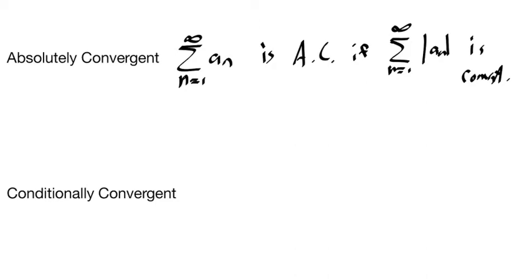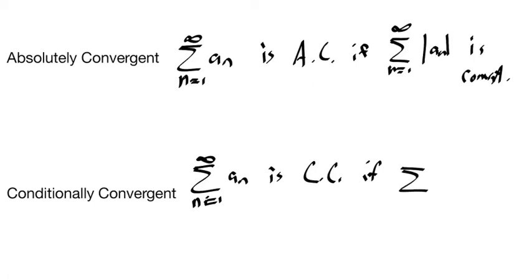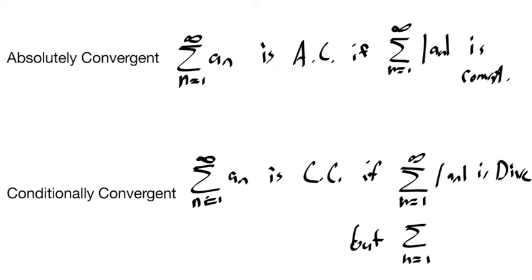So it's conditionally convergent if that sum is divergent, but the sum without the absolute values is convergent.